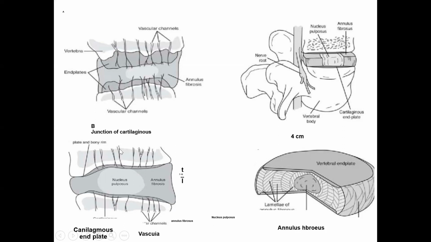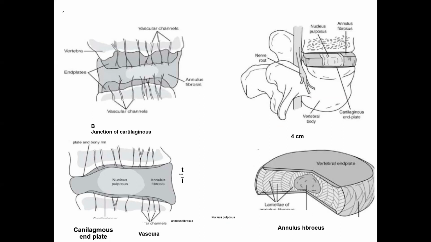This is the bony end plate. As you can see in the structure, this is the plate and bony rim. Here is the nucleus pulposus. This is the annulus fibrosus, as you have seen in the structure.